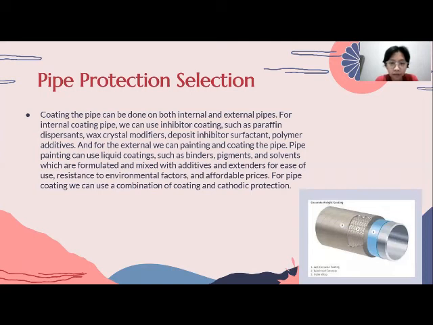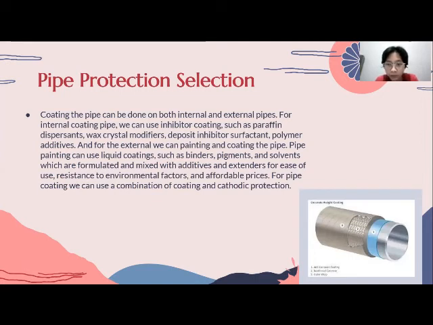Pipe protection selection. Coating the pipe from internal and external will give more protection to the pipe. Pipe protection is an important factor in order to maintain good gas flow assurance. Coating the pipe can protect the pipe from corrosion, environmental temperature, and friction.